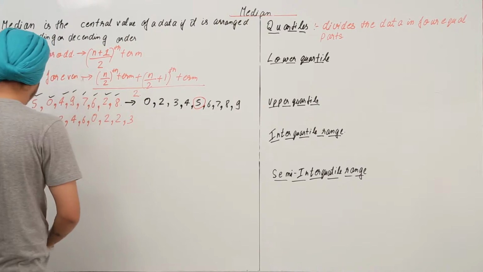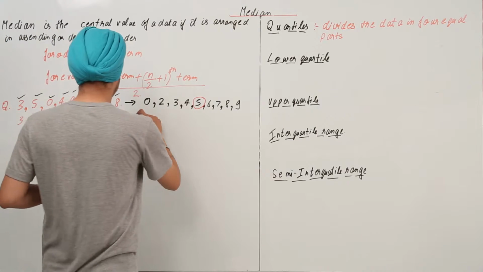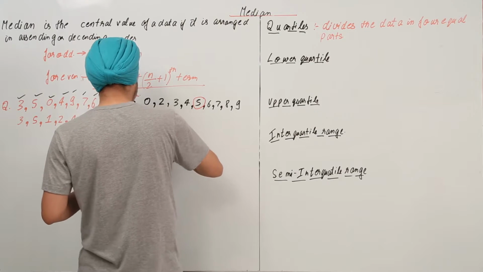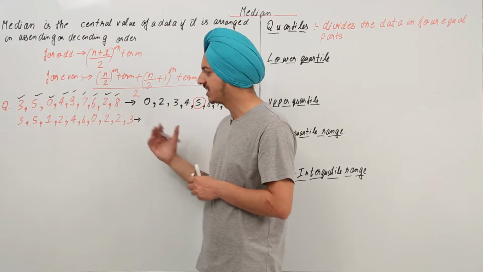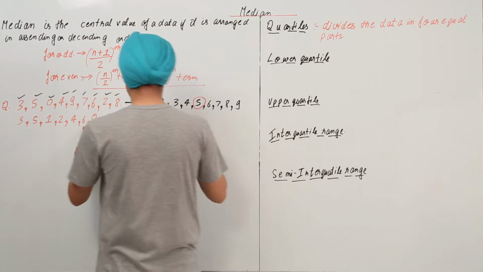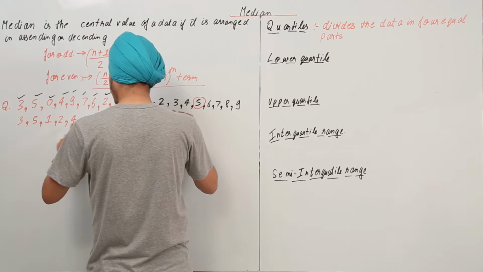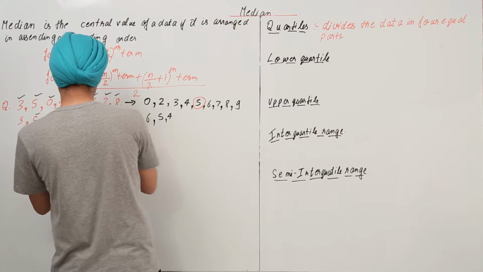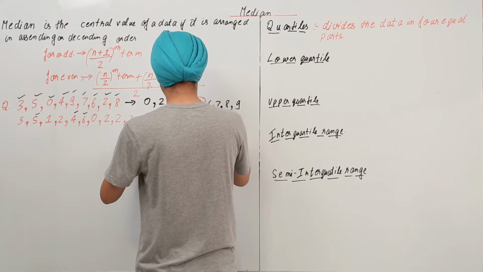So for this, what do I do is, I'll again arrange this into order. Not in the ascending order but in the descending order. Okay, so we have 6, 5, 4, and we have 3 twice.